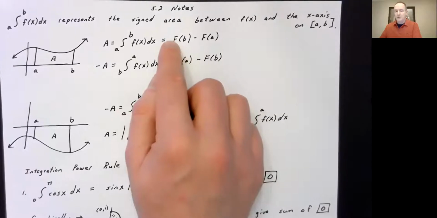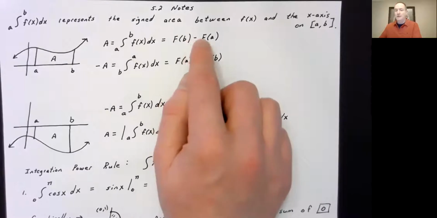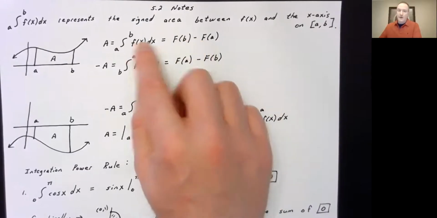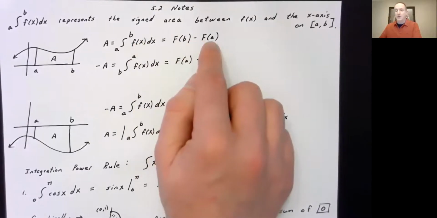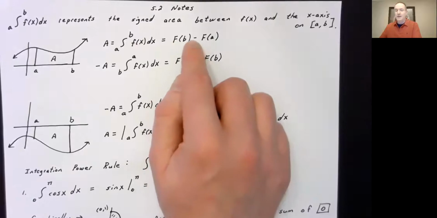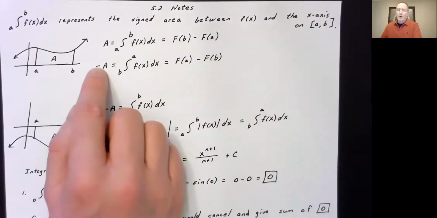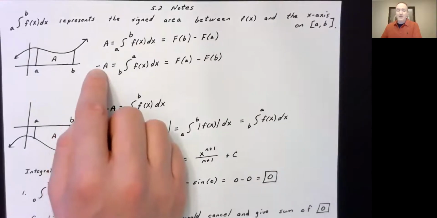That's the integral evaluated at b. And then you always subtract the integral of f, capital F, evaluated at the lower limit a. So it's just whatever the antiderivative of f is evaluated at b minus the integral evaluated at a.